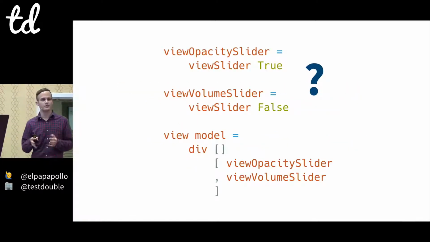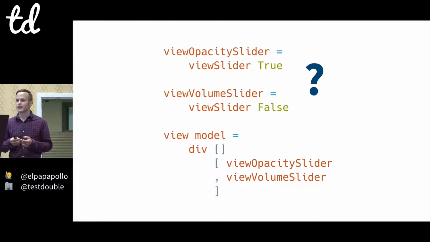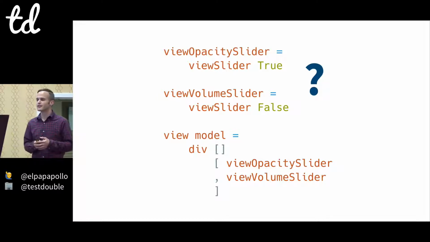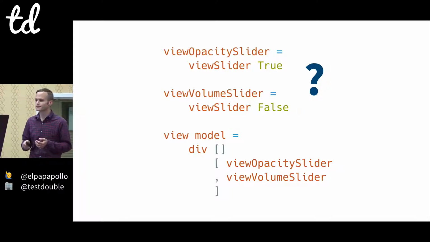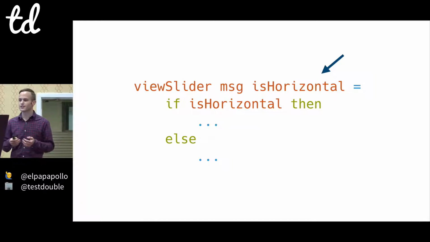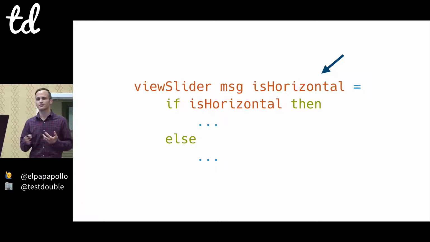Here's another example from a UI perspective. We're constructing an opacity slider and a volume slider by partially applying this view slider function with a Boolean. Again, we can't tell definitively from this function call what this argument does. So we again visit the definition and see that the Boolean represents whether this slider is horizontal or not.